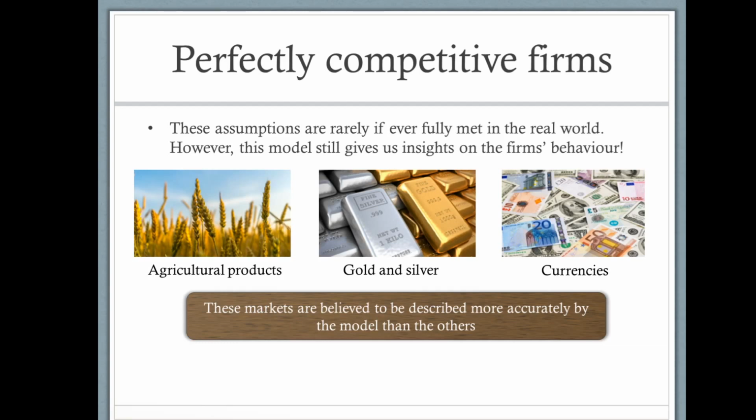Then you can see some similarity when you try to put all these markets into the perfect competition category. Of course, they cannot fit into perfect competition completely, but I would say they are the closest ones. It's just for your reference.